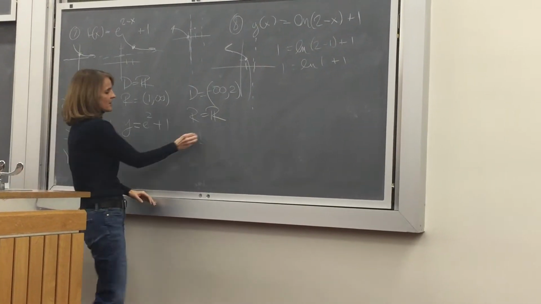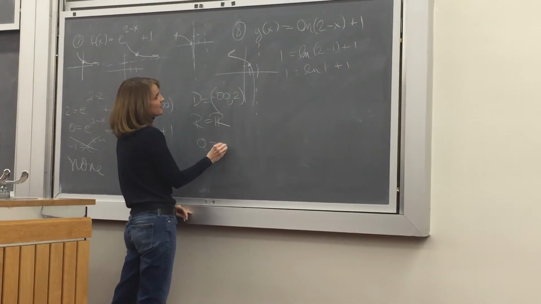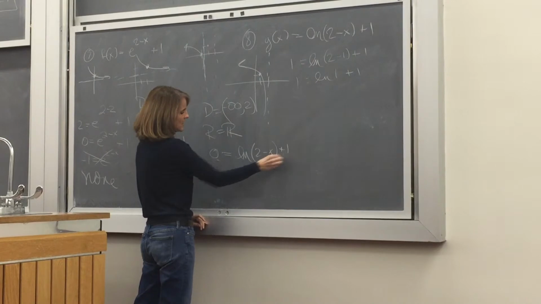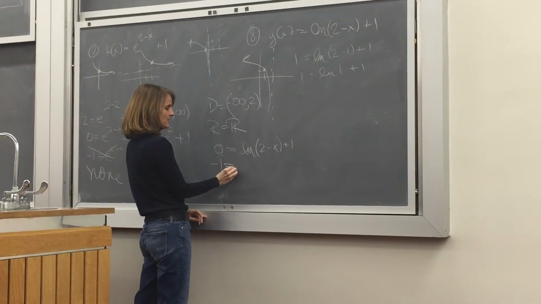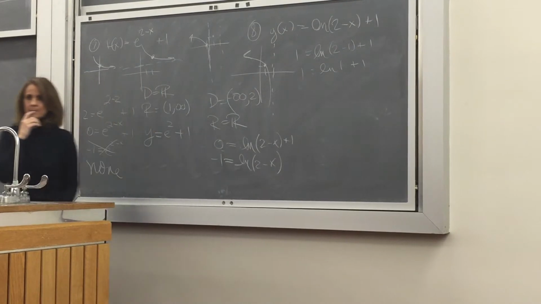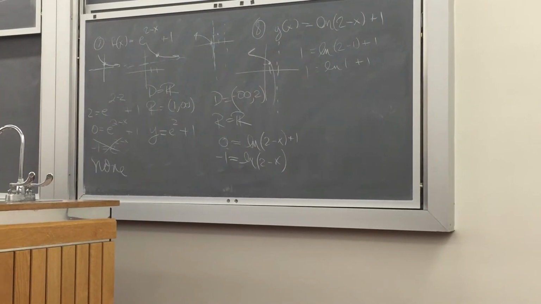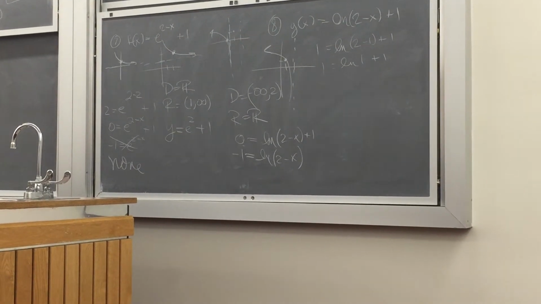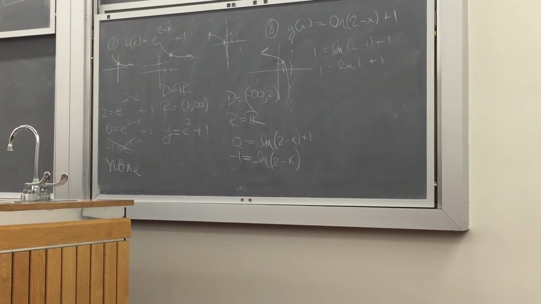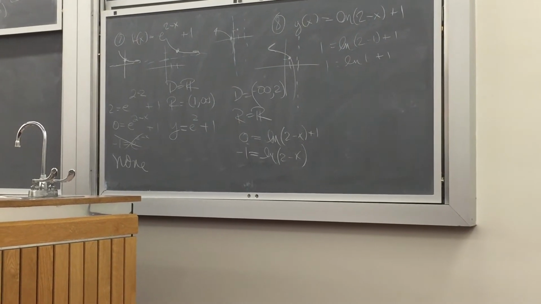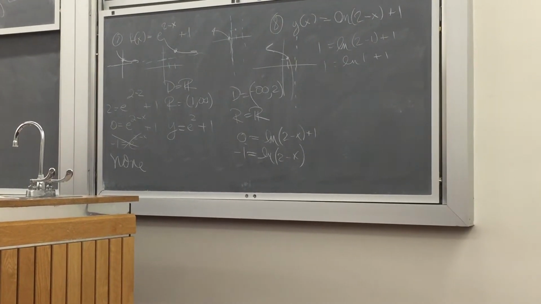Yep, so 0 equals the natural log of 2 minus x, plus 1. So negative 1 equals the natural log of 2 minus x. Uh-oh. Okay, let's try this. What's my base this time? E. E is going to be raised to the negative 1.